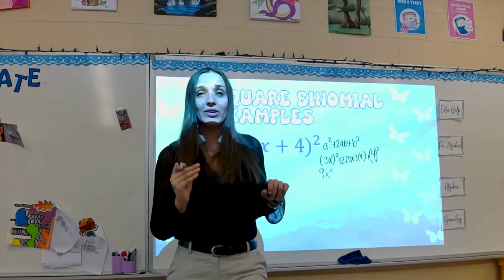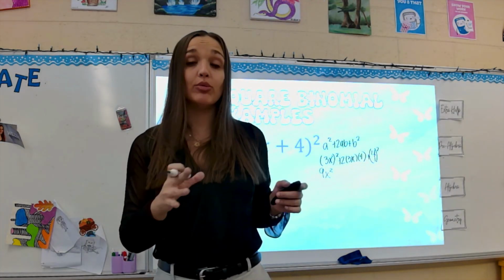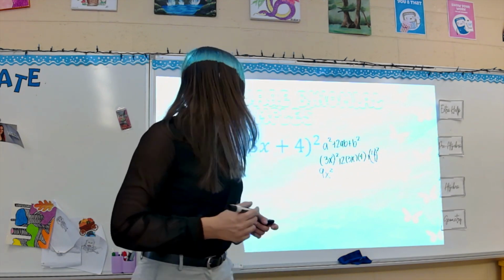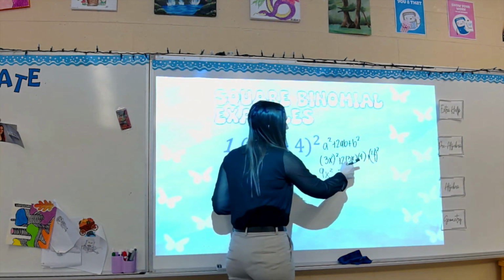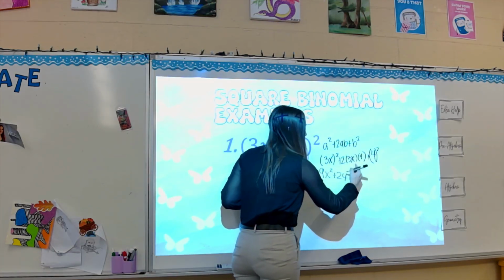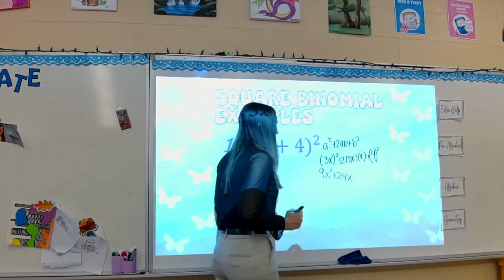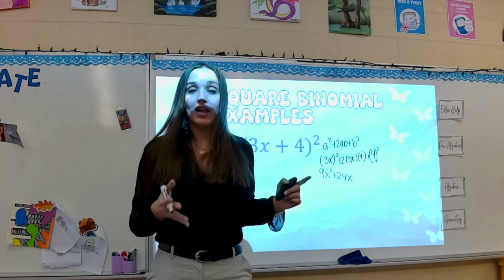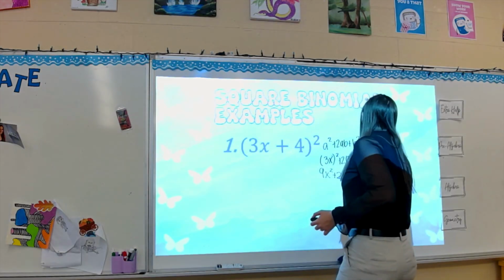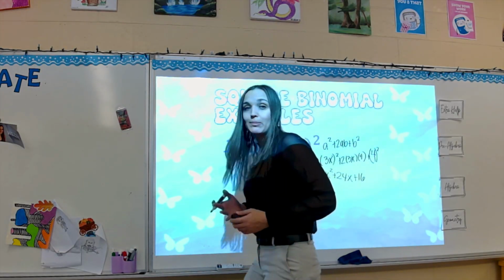Then I have to think about this. I am not distributing my 2 to each of my a and b terms. I am multiplying all of these together. So 2 times 3 times 4, which is 24. And I have an x, so I'm going to leave it as an x. Then I have my 4 squared. So 4 squared is 16. And that is my answer.